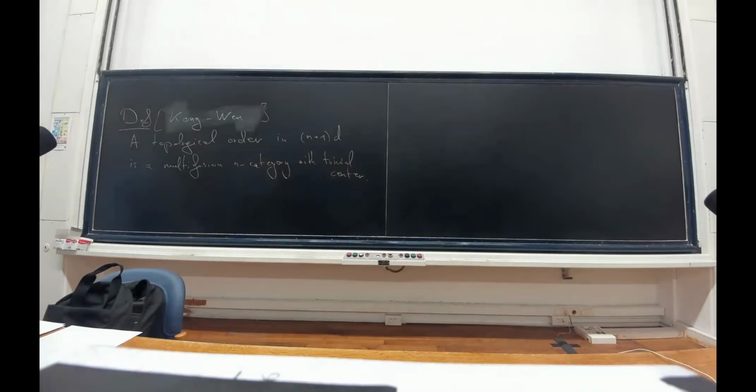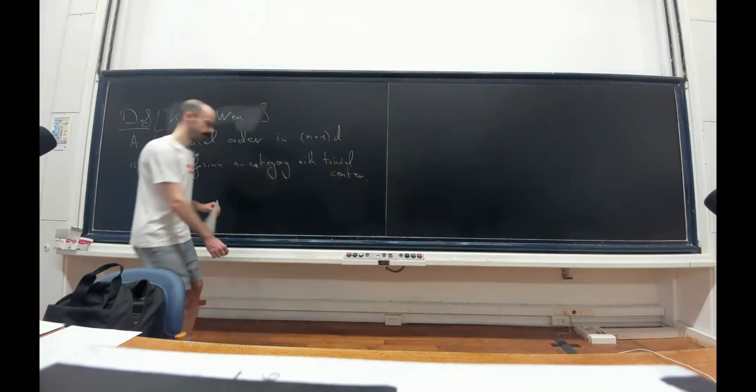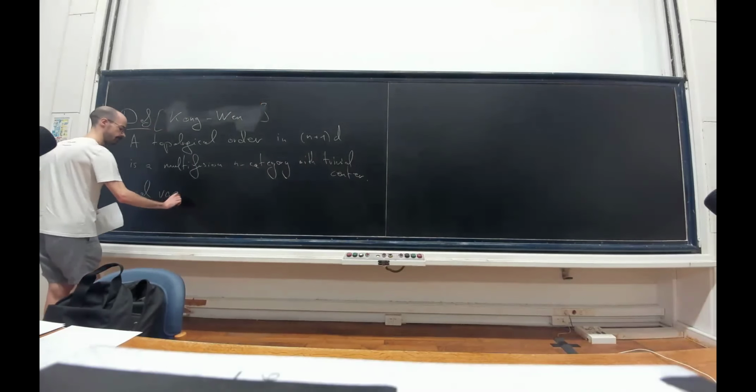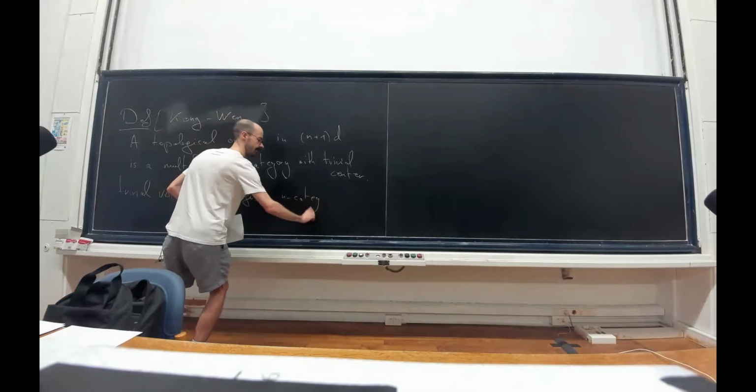I will make a further simplifying assumption. In this definition of topological order, you are allowed to have degenerate vacua, and algebraically this corresponds to the condition of being multi-fusion. If you have a trivial vacuum, then you actually have a fusion n category.